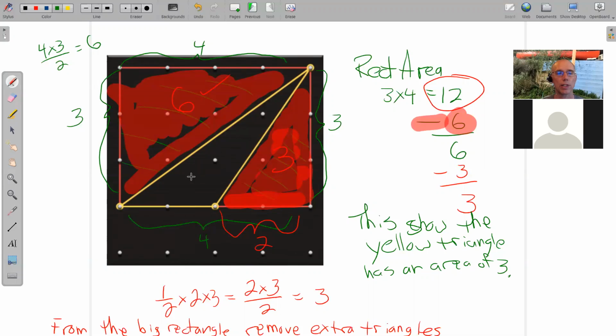So again, this thing right here, I think, is 3 square units with the other stuff gone. And so we will try this again in just a sec.